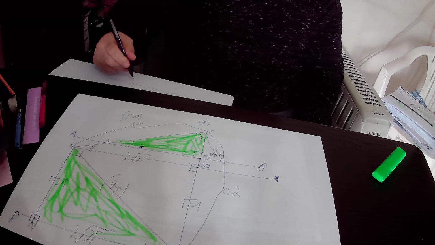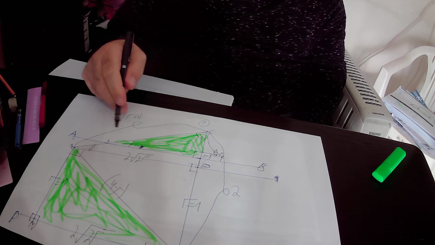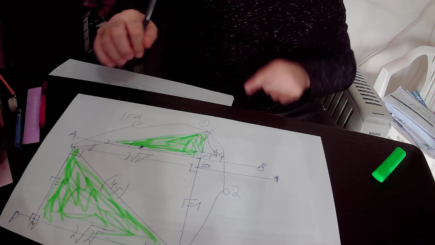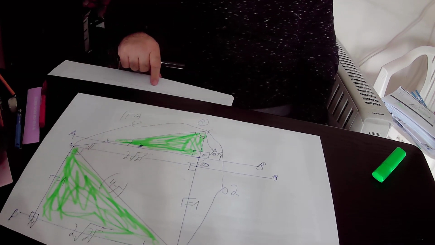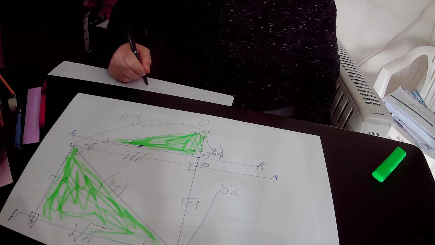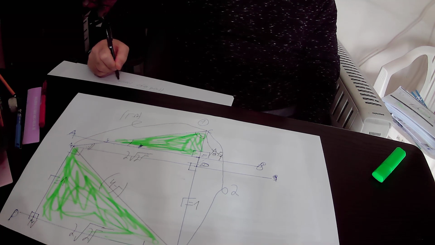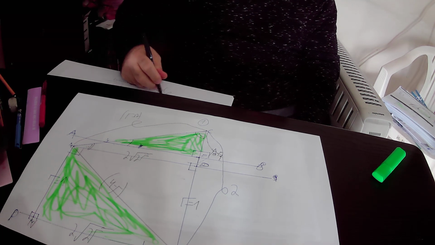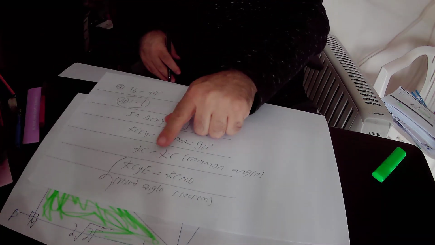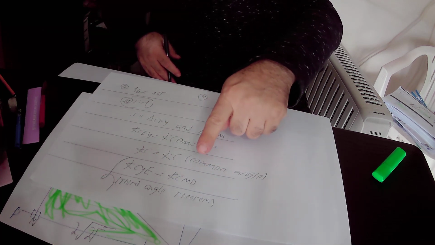Angle CMD equals angle CYE of triangle CEY. And they are equal to each other according to the third angle theorem. I will repeat again, angle CYE equals angle CMD according to the third angle theorem.